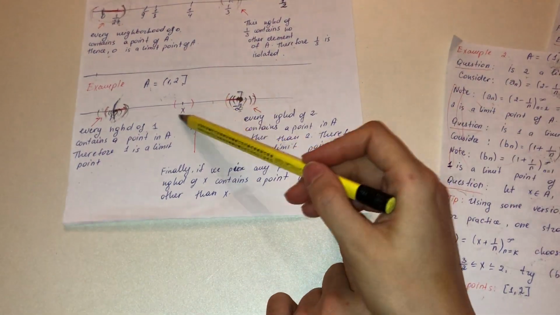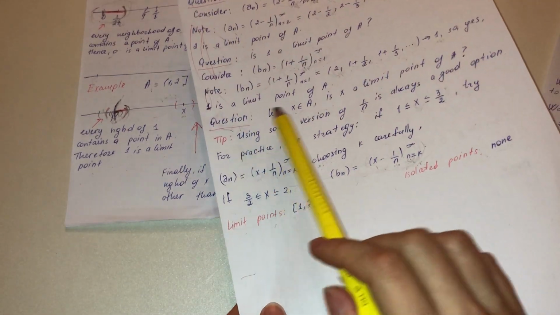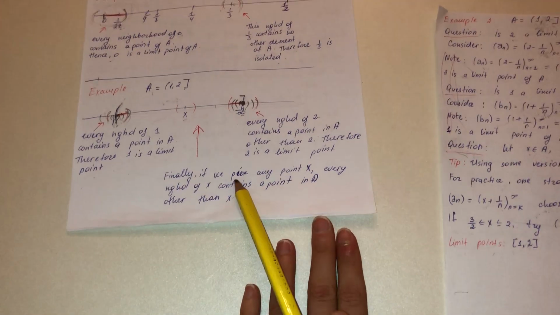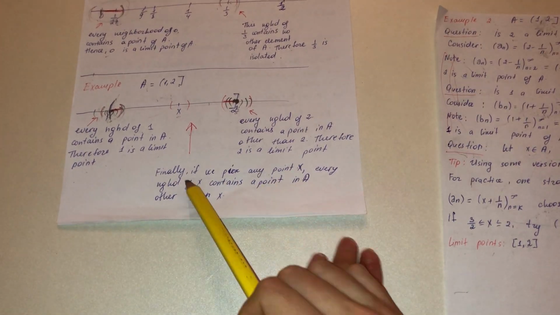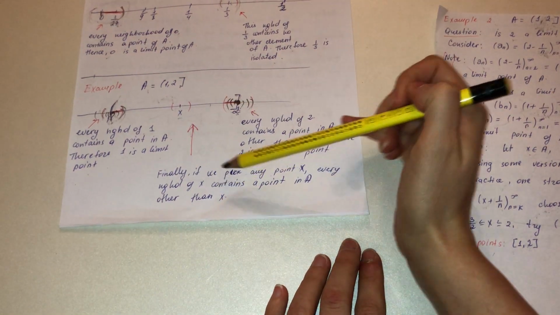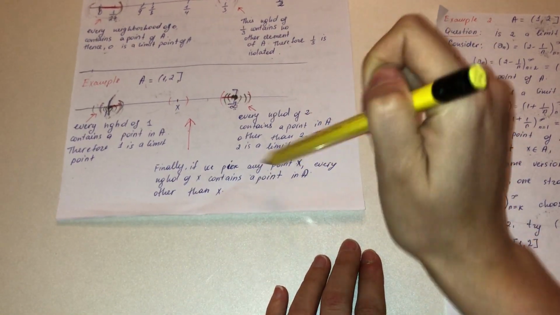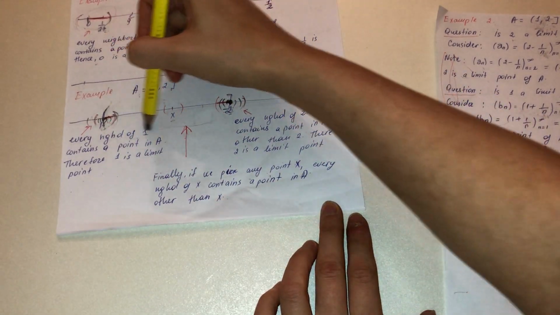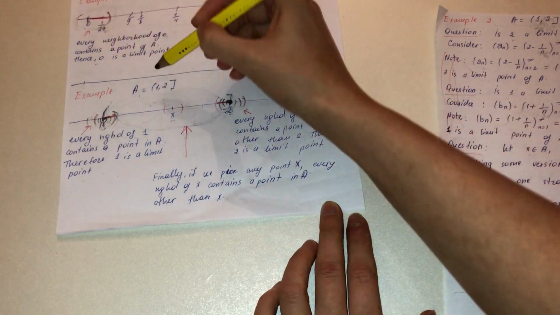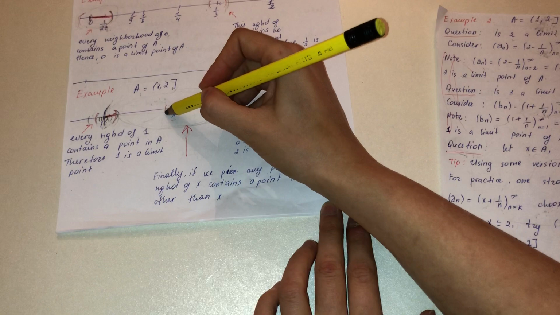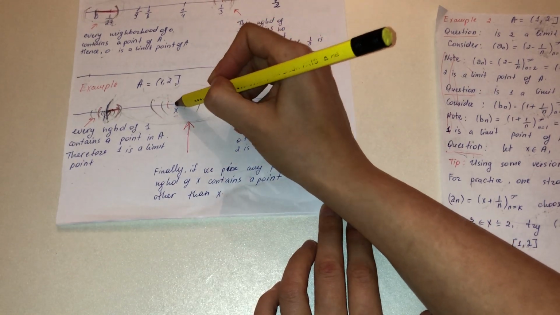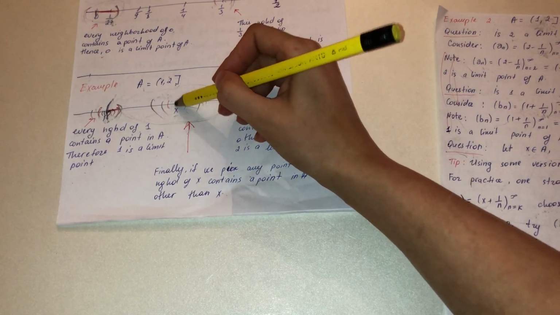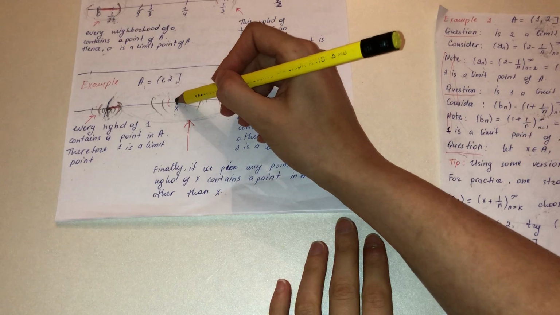Let's consider our third question, X from A. Is X a limit point? If we pick any point X, every neighborhood of X contains a point in A other than X. As you see, all points in this interval are from A, and any neighborhood of X contains all the elements from A. So X is a limit point.